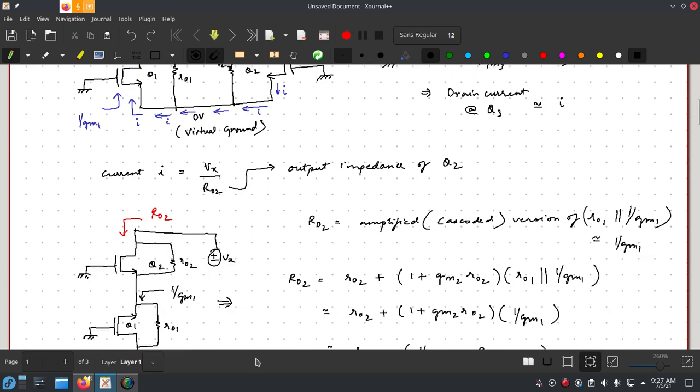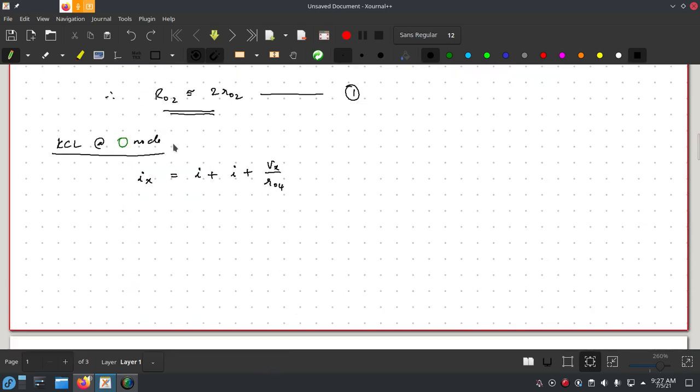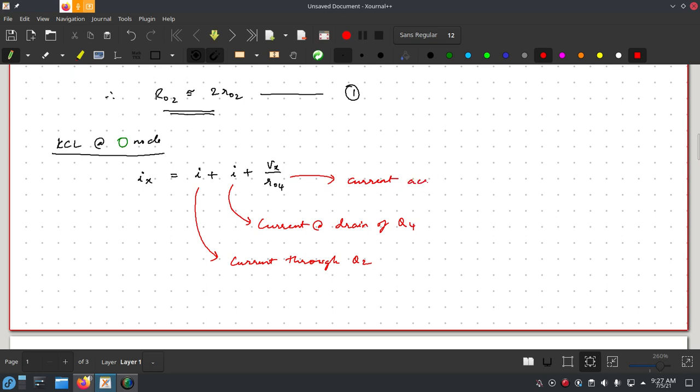So applying KCL, we get this. From this you can separate it out. You can write like this. This I is the current through Q2. This I is the current at the drain of Q4, and this Vx by r04 is the current across r04, right?